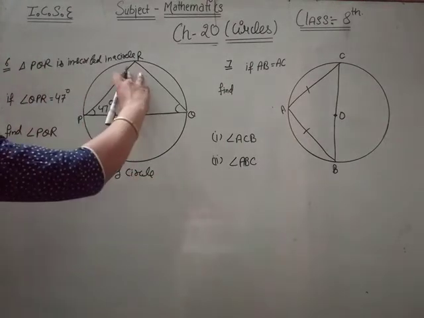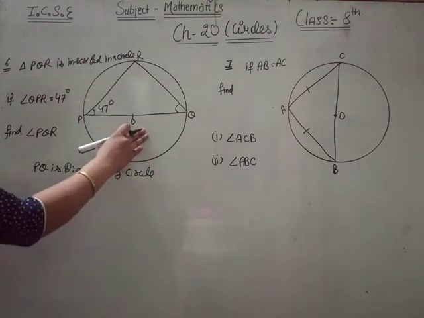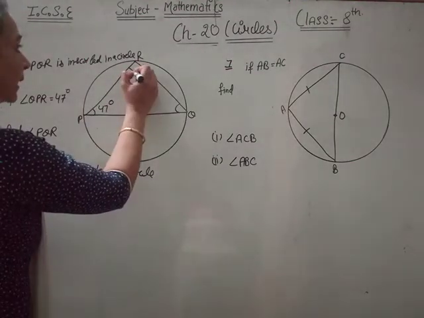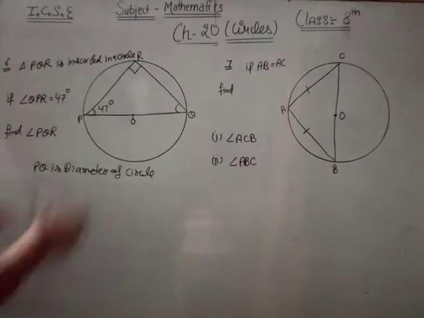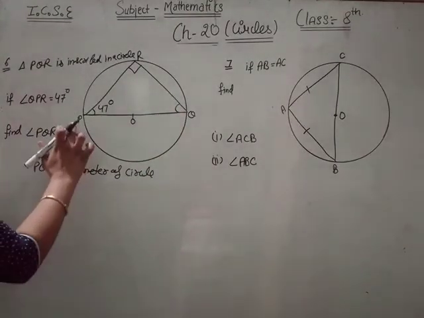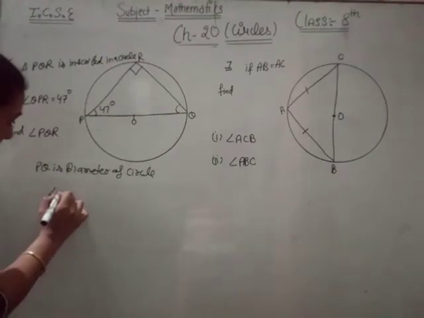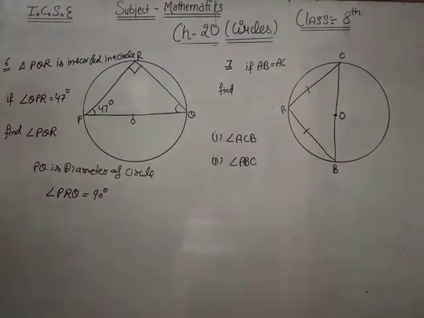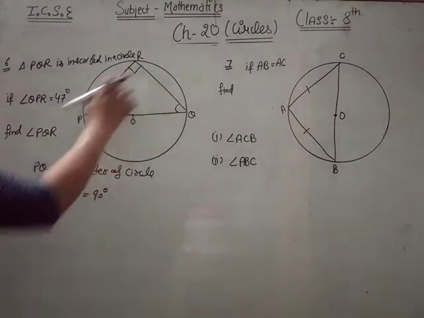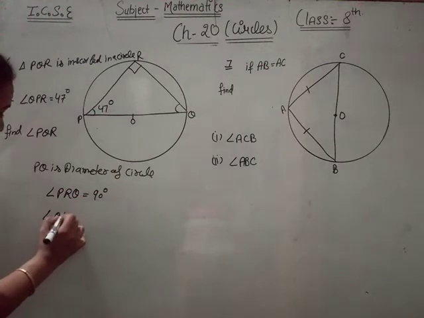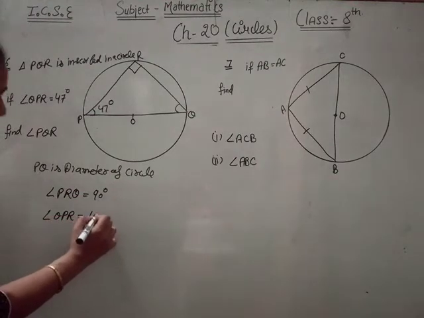Then this is a semicircle and this is also a semicircle, and we know that an angle in a semicircle equals 90 degrees. Any angle in a semicircle is 90 degrees. Then we have angle PRQ equal to 90 degrees, and angle QPR equal to 47 degrees.